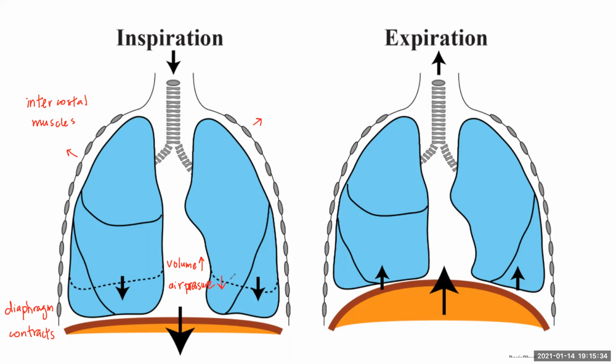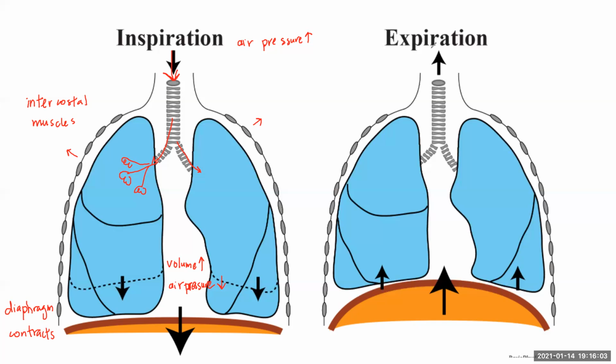And because the air pressure inside decreases, the air pressure on the outside is now higher. Therefore, air is forced in through our trachea, past our bronchus into our bronchioles, and fills up our alveoli with air. This is known as inspiration.